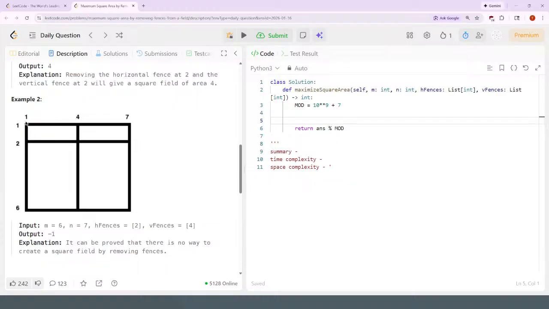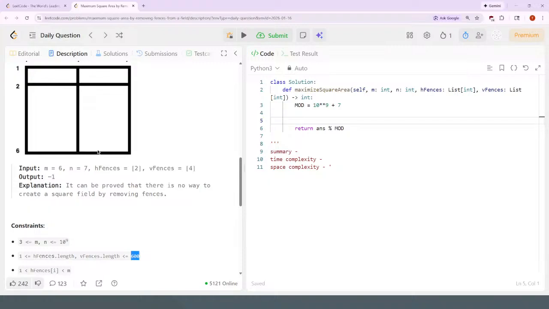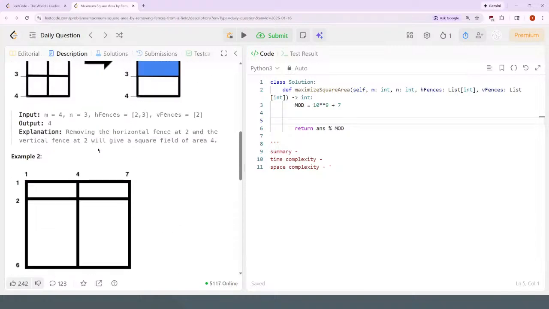And then the width of the square could be 1 to 4, which is 3, 4 to 7, which is another 3, or 1 to 7, which is 6. And the biggest matching of the possible heights and the possible widths would be your square.